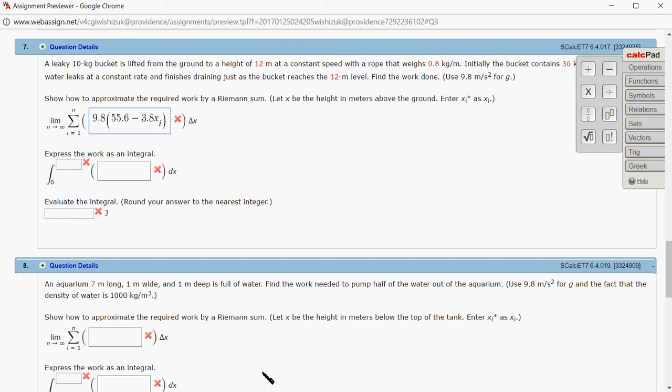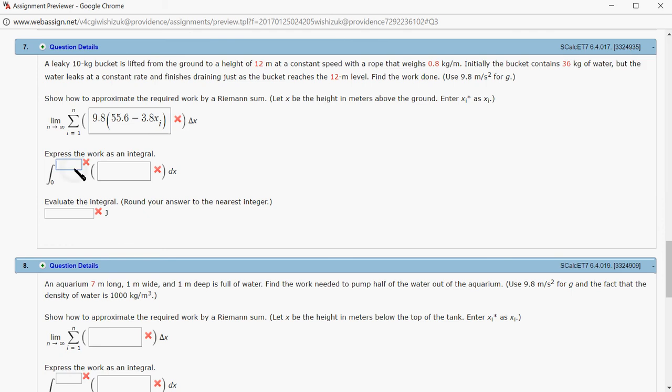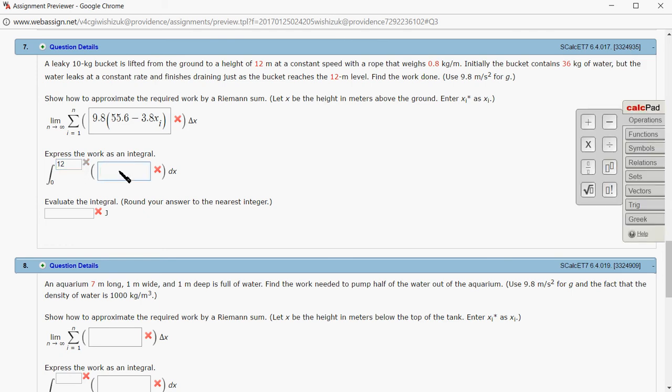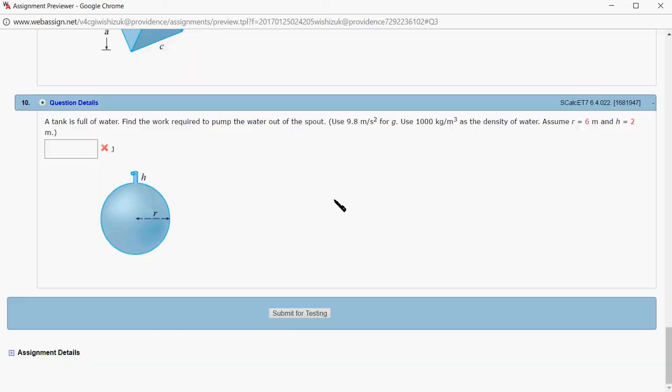Then we can turn this into an integral. It's going to go from 0 all the way up to 12. Then we just have 9.8 times 55.6 minus 3.8 x dx. Let's see if we got this one correctly. I'm going to submit for testing.